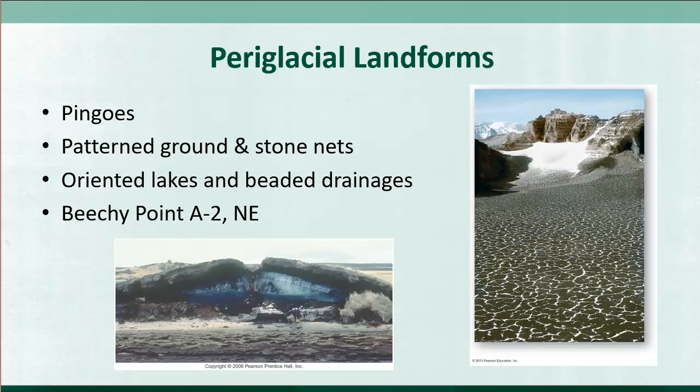Much closer to the ground surface is the creation of patterned ground and nets of stone that are sorted through the freezing and thawing process. And we see a picture of that patterned ground on the right here.